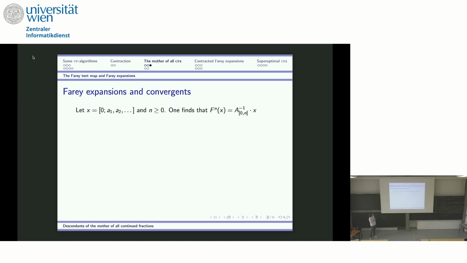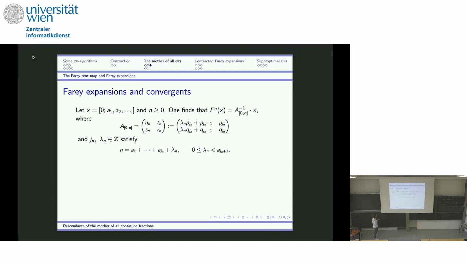One can show that the nth point in the forward orbit of x under the Farey map can be written as a Möbius transformation acting on x, where the entries of this Möbius transformation can be written in terms of the regular continued fraction convergents of x. Okay? So there are these funny indices lambda n and j n in this matrix.